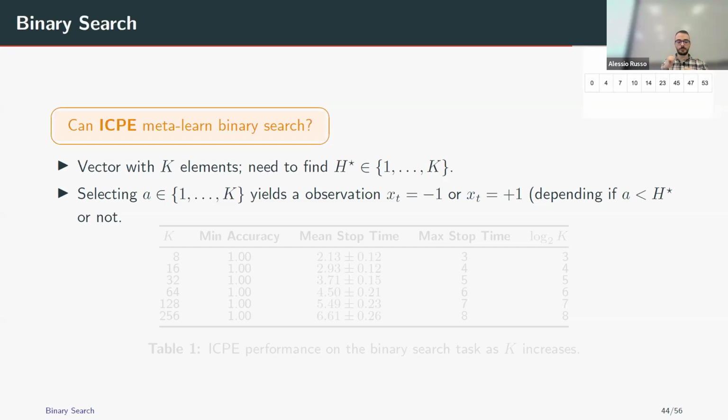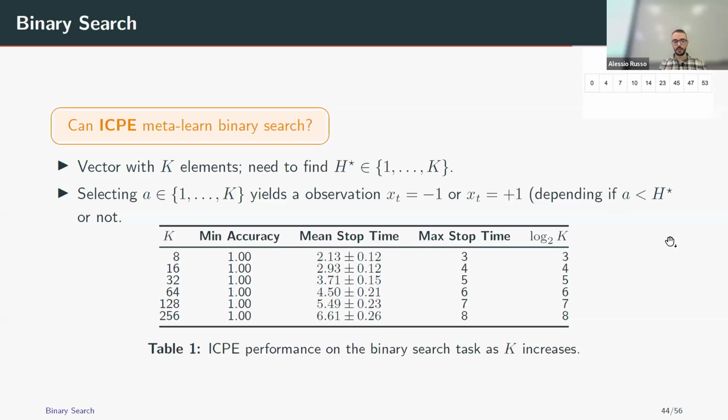And here, whenever you select an index, you're going to observe -1 or +1, depending on whether the value at that index is smaller or bigger than the value you're looking for. So the element you're looking for, we are going to call it H star.